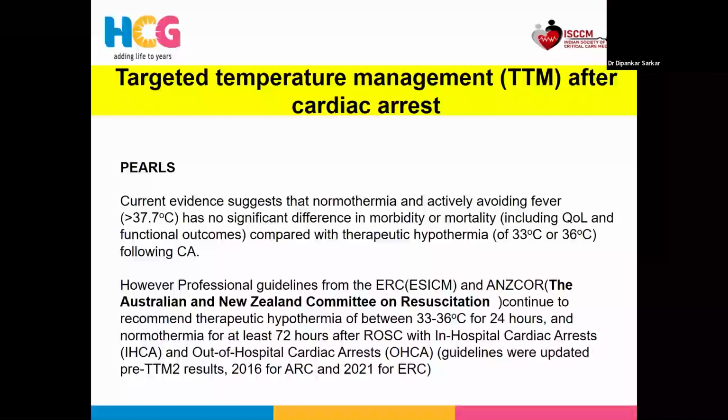The basic idea of targeted temperature therapy is to minimize organ dysfunction and keep the cerebral function intact as much as possible. That is the hallmark, and how long will you continue? It is 72 hours. I think the question has been answered clearly.